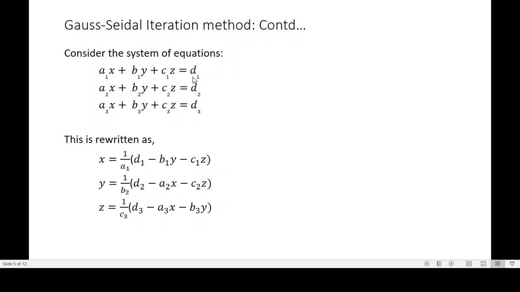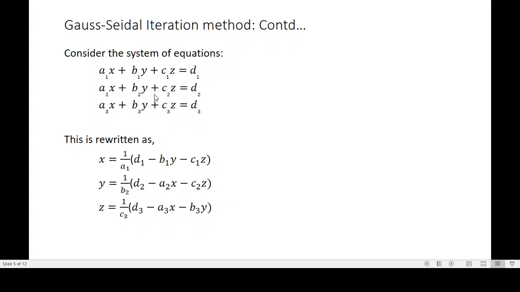Now we rewrite the equations in the form a1 into x is equal to d1 minus b1 into y minus c1 into z, or x is equal to 1 divided by a1 multiplied by d1 minus b1 into y minus c1 into z.